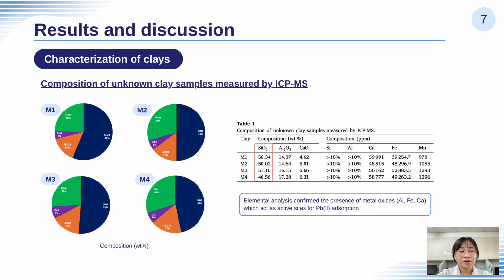For clay characterizations, samples M1 to M4 were used. ICP-MS analysis confirmed that the clay samples contained metal oxides, which act as active sites for Pb2+ adsorptions, and silicon dioxide was the dominant component in all samples.